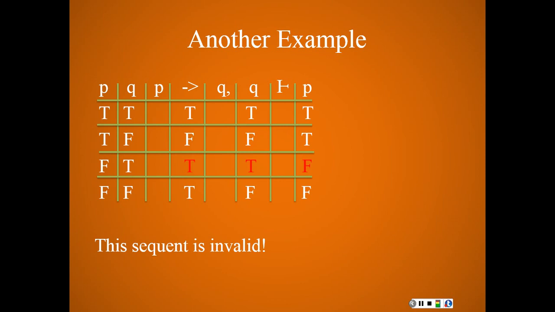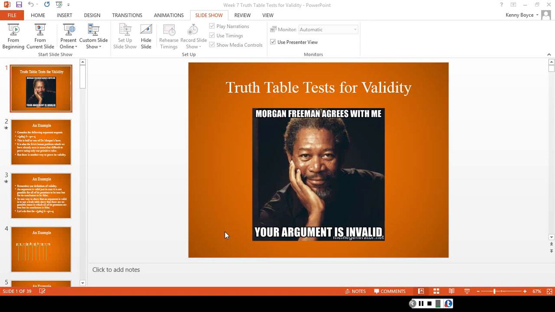So this is just a case where you have a false conclusion but also a false premise, so that doesn't count against the validity of the argument. But it only takes one kind of case in which all the premises are true and the conclusion is false for the argument to be not valid, and we have that case on the third row. So we're entitled to conclude from our truth table test that this argument is not valid.